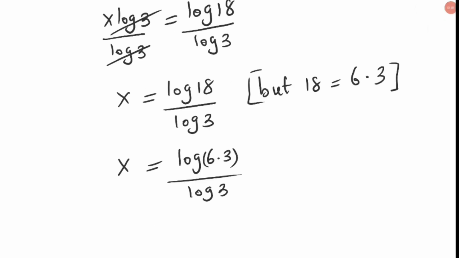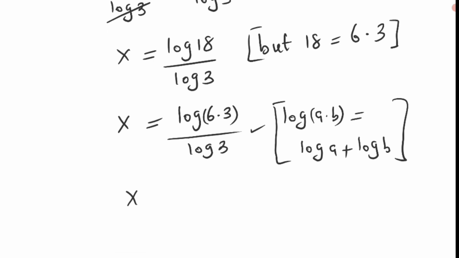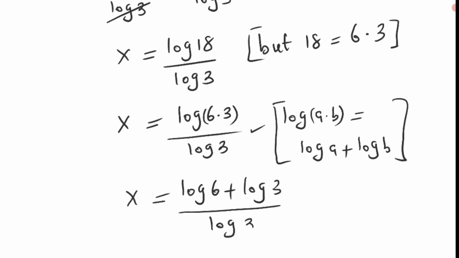Take note of this, that if you have log a multiplied by b, this is equal to log a plus log b. Then this can be written as s is equal to log 6 plus log 3 over log 3.